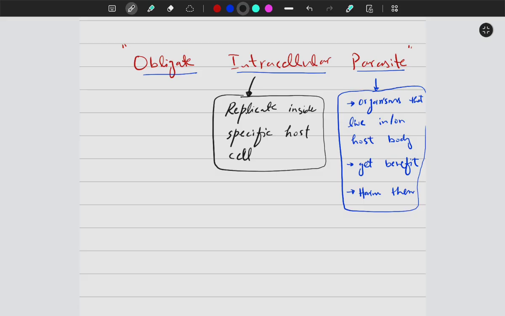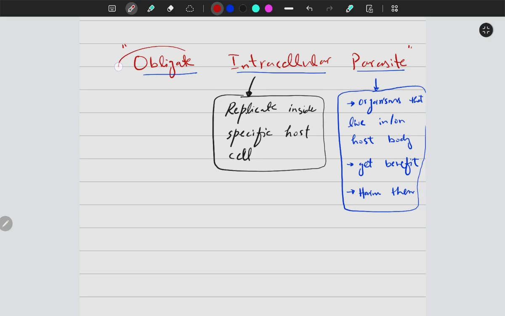Now, tobacco mosaic virus only infects the tobacco plant or maybe related plants. It would not infect animals, or enter bacteria. So these are highly specific to their host and only replicate inside the host cell. That's why it's called intracellular. Intra means inside the cells, right?